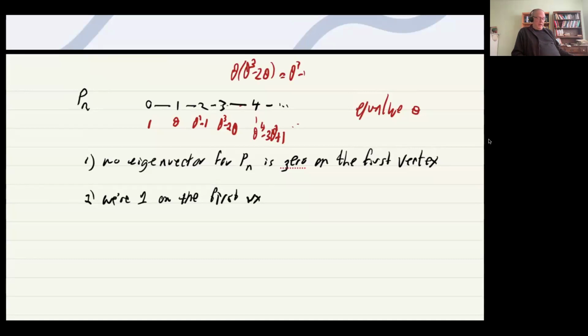Let's think about what happens. I'll claim, and this is left to you as an exercise, that we get a recurrence for the kth entry.